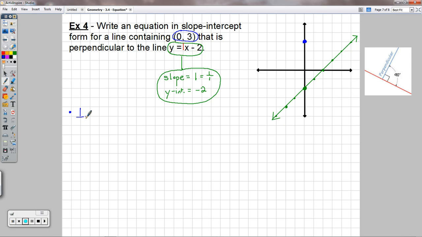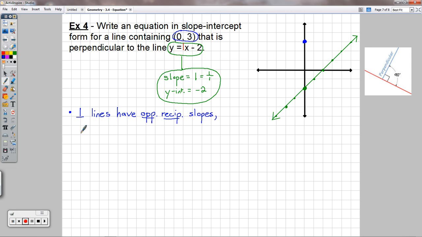Perpendicular lines. The upside-down T is the symbol for perpendicular. You can use that as shorthand. So perpendicular lines, do you remember from our previous lesson from 3.3, they have what kinds of slopes? If you said opposite reciprocal slopes, you would be correct. So they have opposite reciprocal slopes.